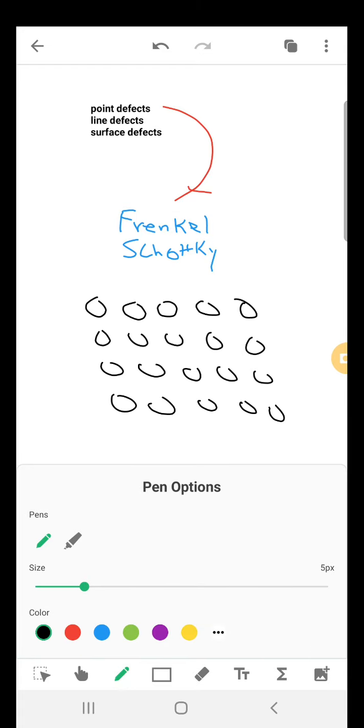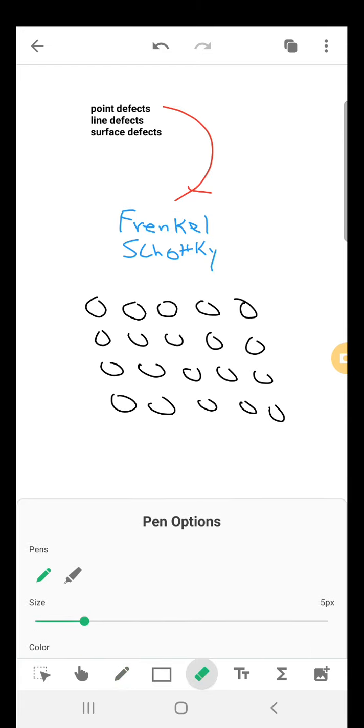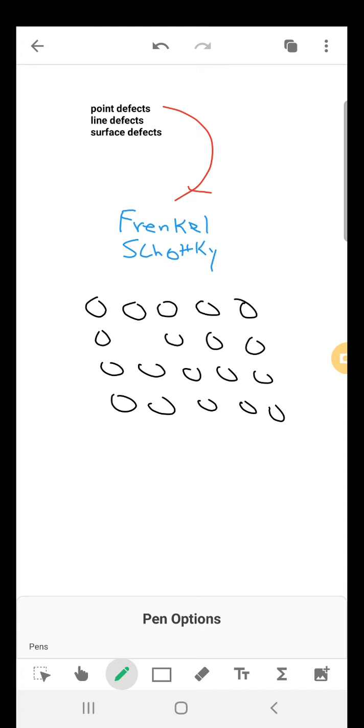Suppose there is absence of one of the atoms here, and this atom goes and sits here. So this is what is called a Frenkel defect. A Schottky defect, on the other hand, is when there are two different types of atoms, positive and negative, and there is an absence of one positive atom and an absence of a negative atom as well. So this is what it is all about, Schottky and Frenkel.